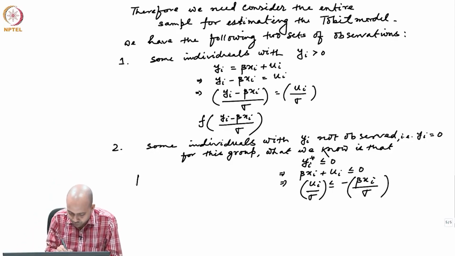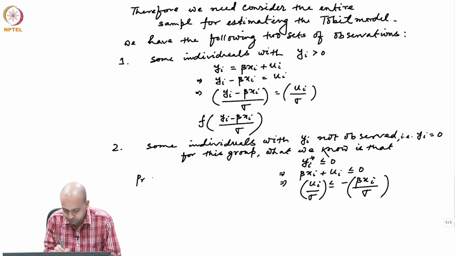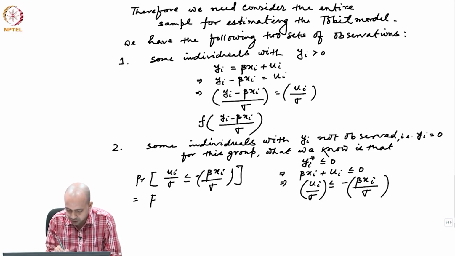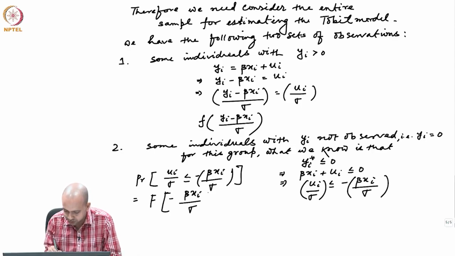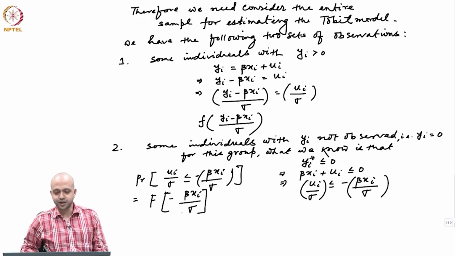In terms of probability, ui by sigma less than or equal to minus beta xi by sigma is actually F of minus beta xi by sigma. That is what we know.